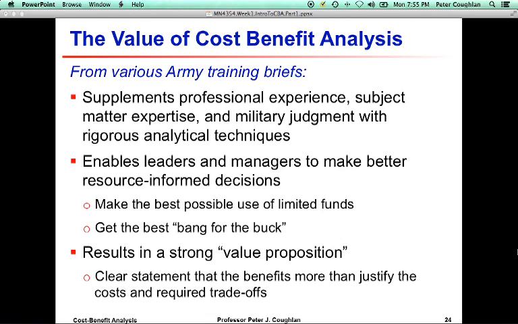It enables leaders and managers to make better resource-informed decisions. In other words, to make the best possible use of limited funds or get the best bang for the buck. Ultimately, it results in a strong value proposition, a clear statement that the benefits more than justify the costs and the required trade-offs. So that is the value of cost-benefit analysis from the Army enterprise perspective.